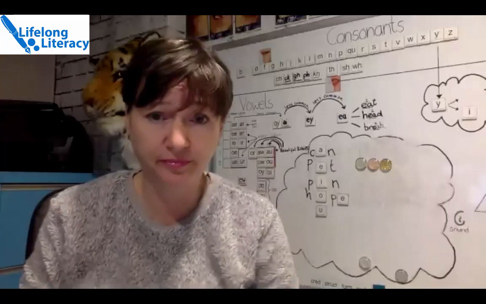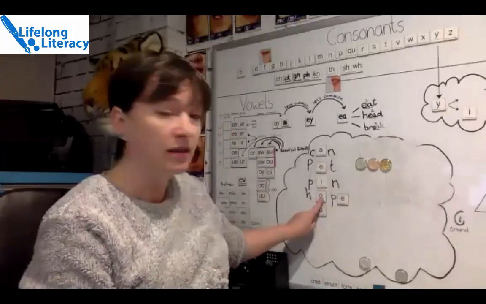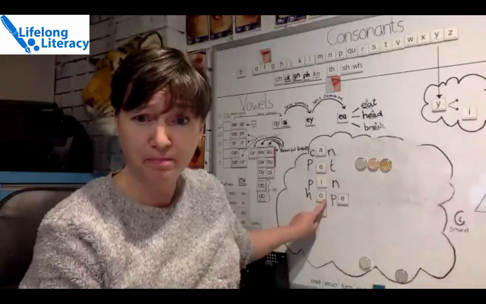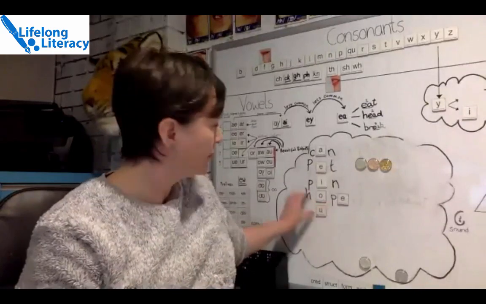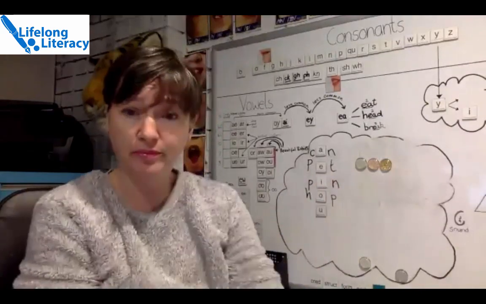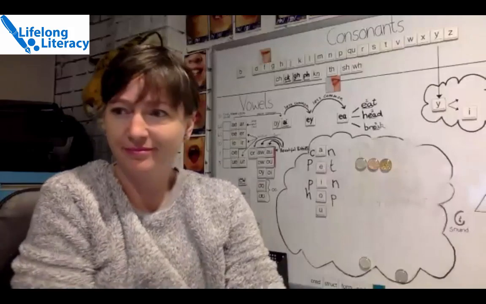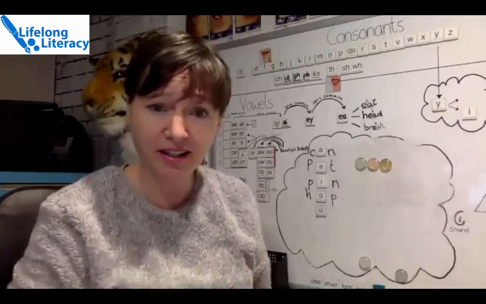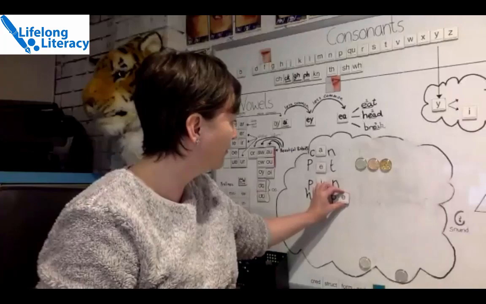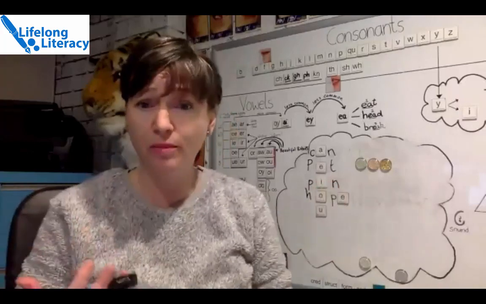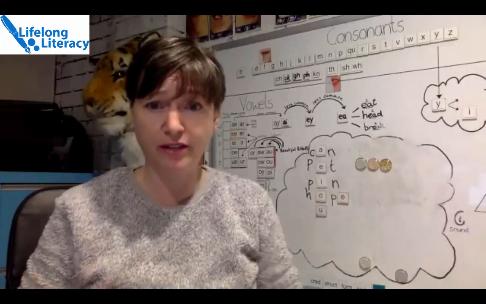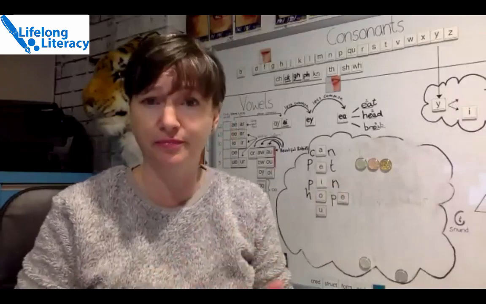It's hope. The E made the O say its name. Hop, hope. It is cool, isn't it? I like it a lot. That's the most common job of final silent E. It's the most common signal that it makes.